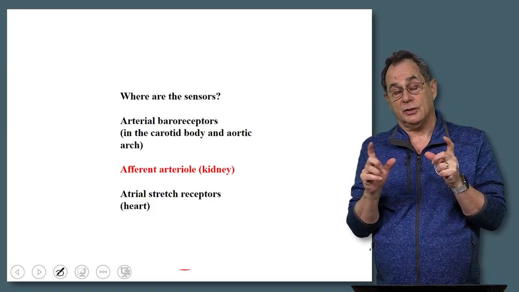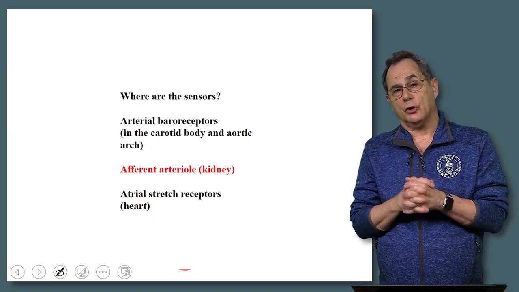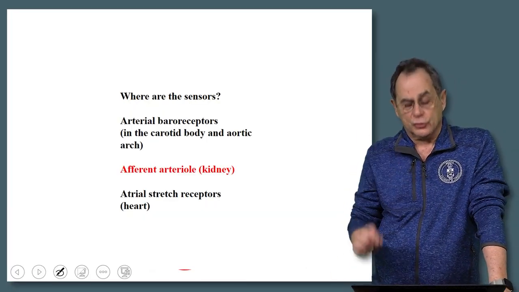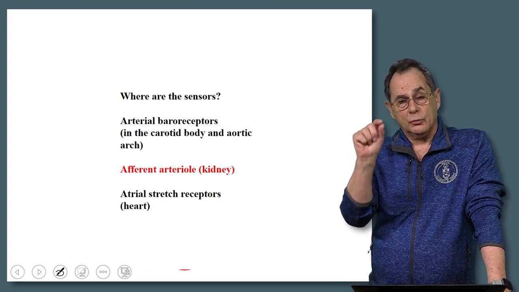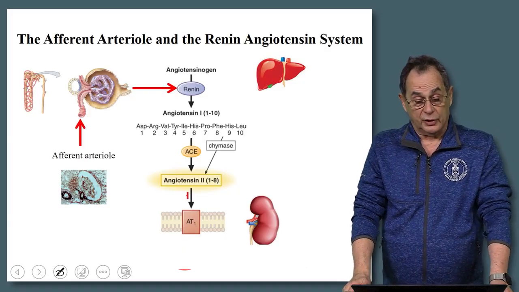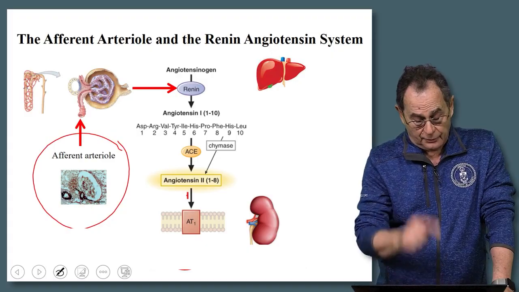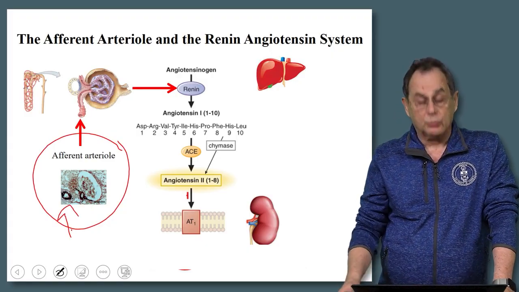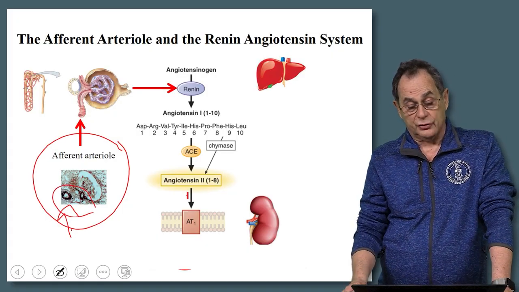If the kidney doesn't see those pressures and flows, those cells in the afferent arteriole will increase their secretion of renin and serve to drive the generation of angiotensin 2, which when it reaches the kidney will serve to increase sodium reabsorption. This is an example that's shown right here. This is a light micrograph of an afferent arteriole, and this has been stained with an antibody for renin, and you can see the renin within these afferent arterioles.